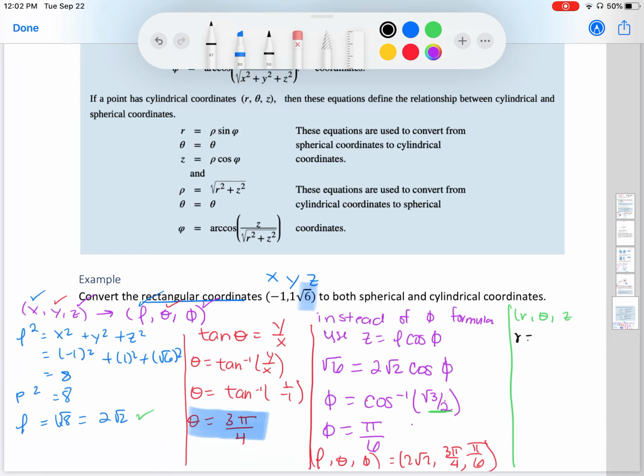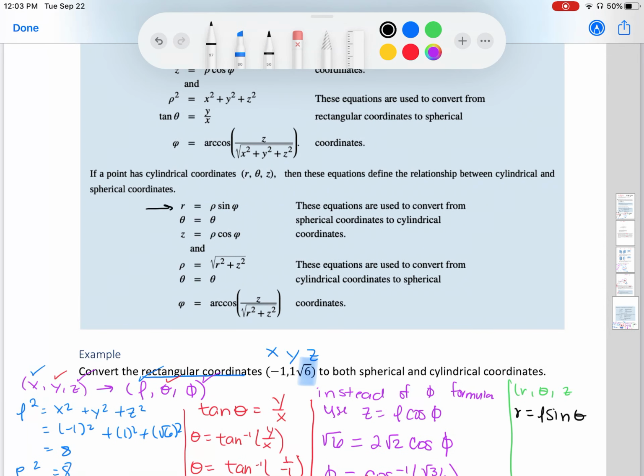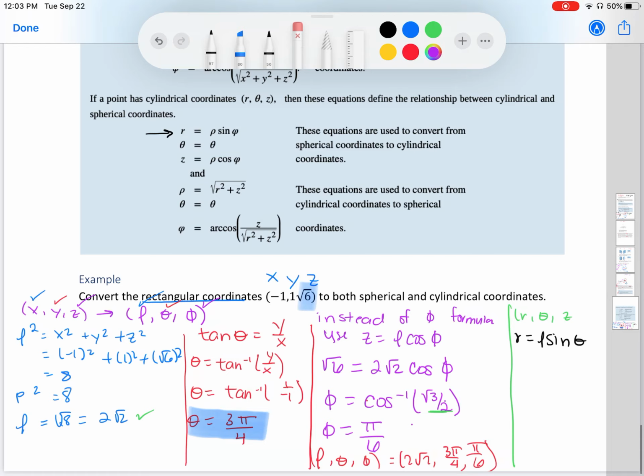Let's go ahead and use r is equal to rho sine phi, since we have rho and we have a value for phi. So rho is 2 square root of 2, and sine of phi, which is pi over 6, is 1/2. So we're just left with square root of 2.